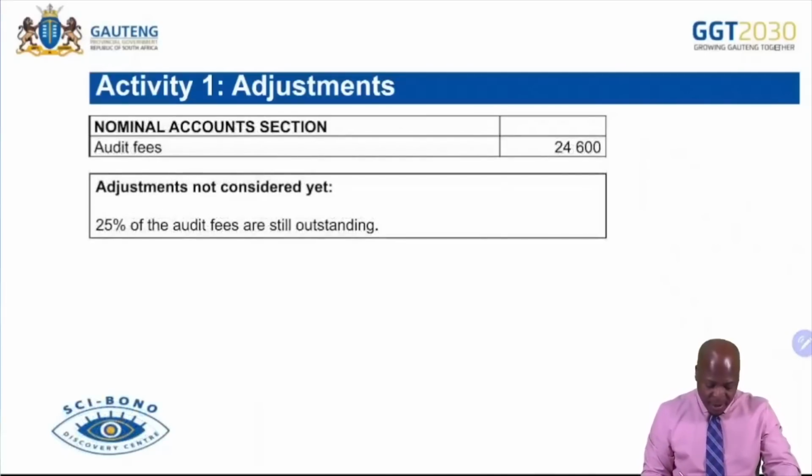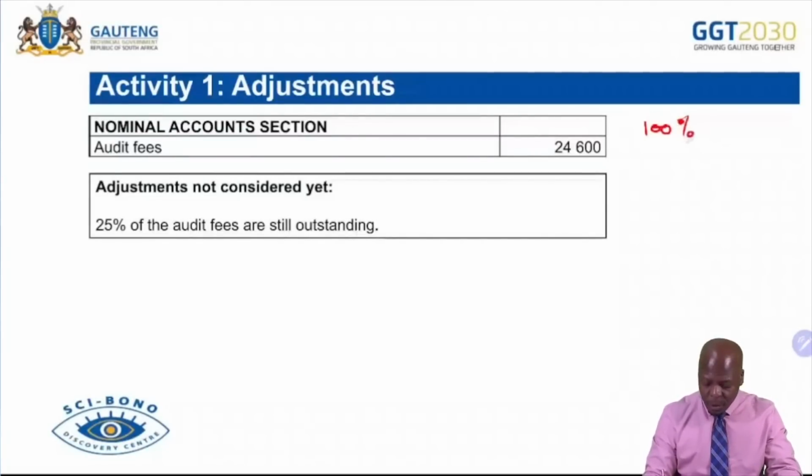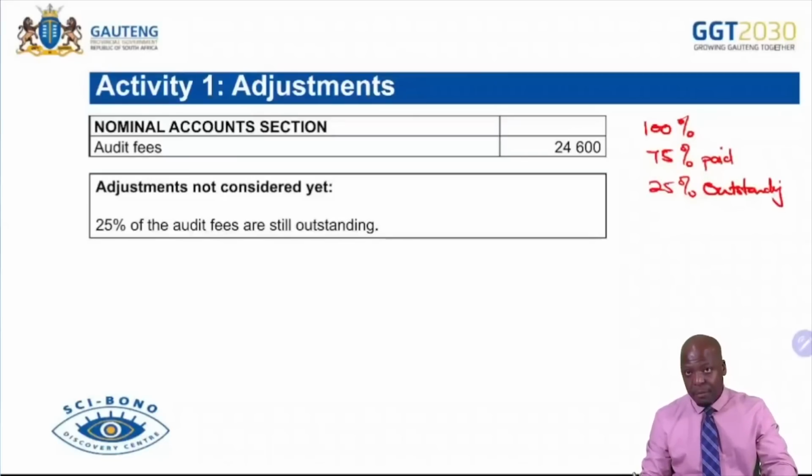The next adjustment then says 25% of the audit fees is still outstanding. What does that mean? It means the audit fees that we were supposed to pay was 100%. However, we have paid 75%. This has been paid because we are told that 25% is outstanding.